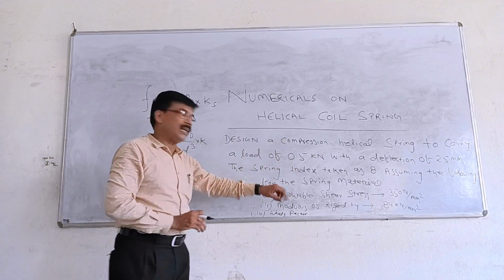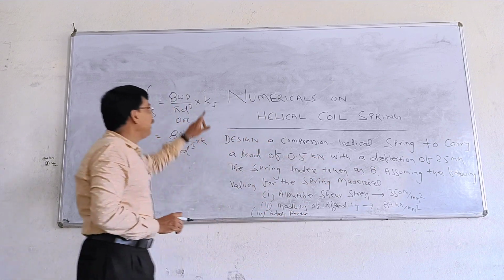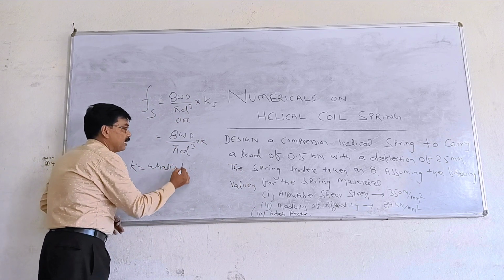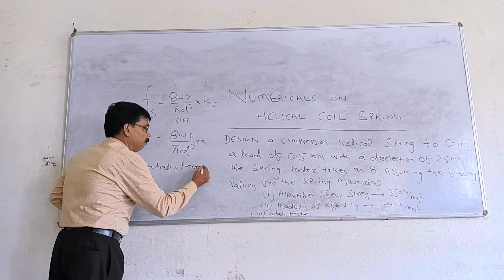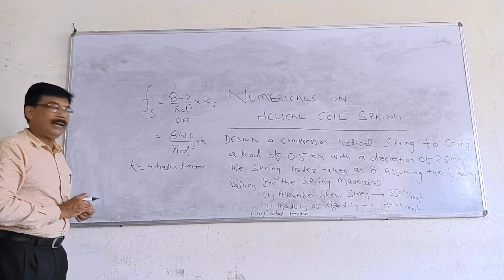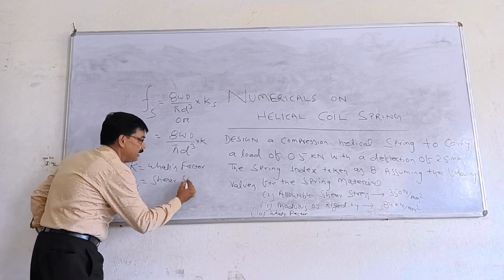In the question it is given, assuming Wahl's factor. This K is named Wahl's factor. Wahl is the name of the scientist. And Ks is known as the shear stress concentration factor. It is another factor.